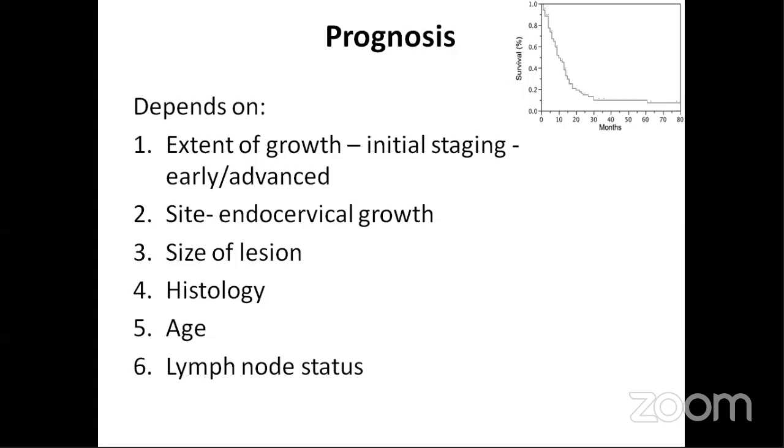And depending on the lymph node status, if during surgery we notice that certain lymph nodes are involved, and especially if it is para-aortic as well, then we know that we are handling a stage 4 kind of disease, and we need not even go in for completing the surgery. We can abandon the surgery and proceed towards radiotherapy.